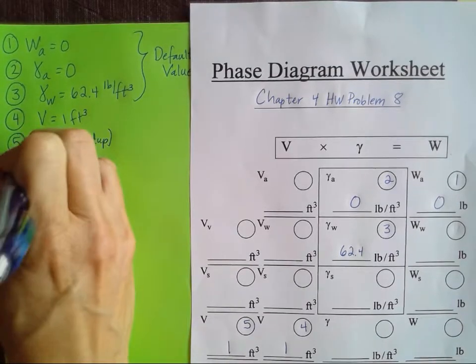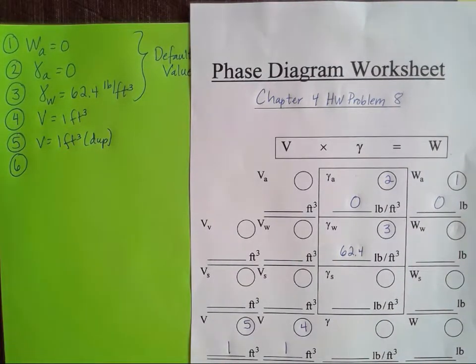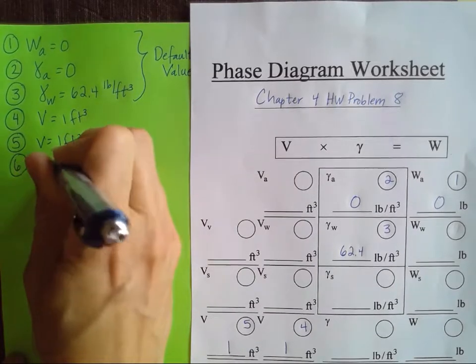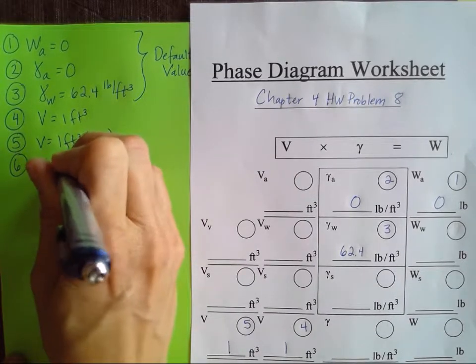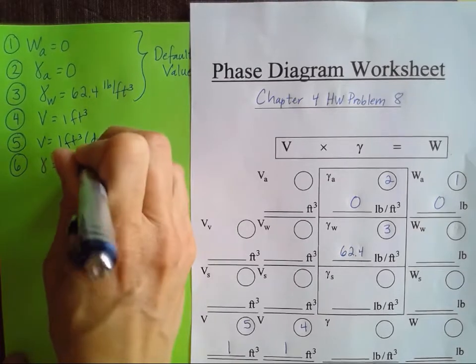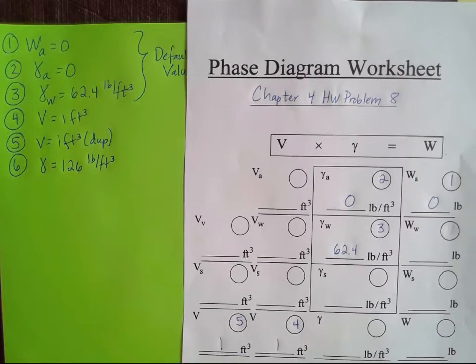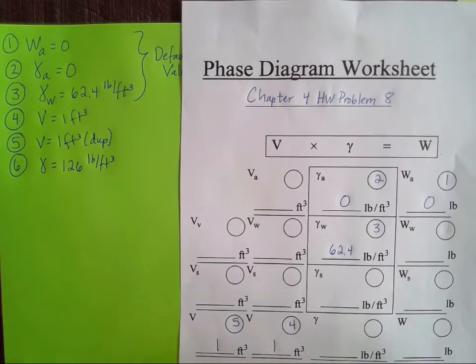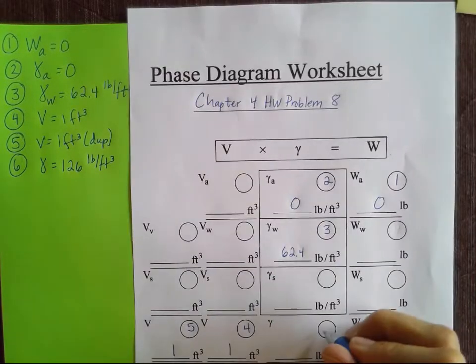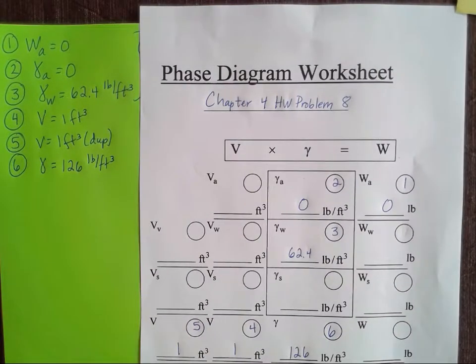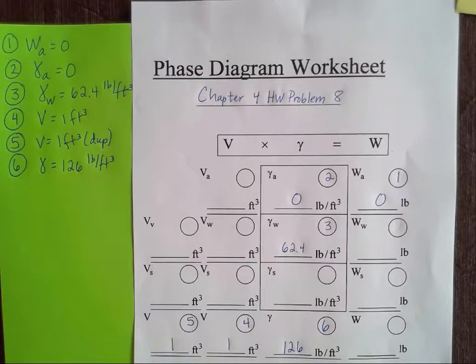But then I also was told that the unit weight is 126 pounds per cubic foot. So I'll put that in too, as number 6 here. Okay, so I've got a good start here.